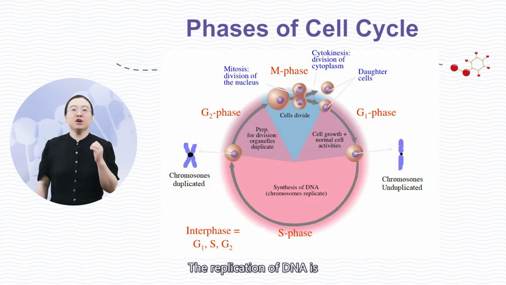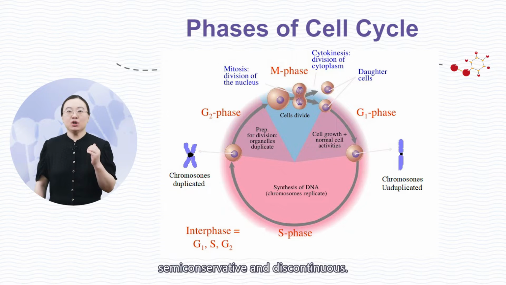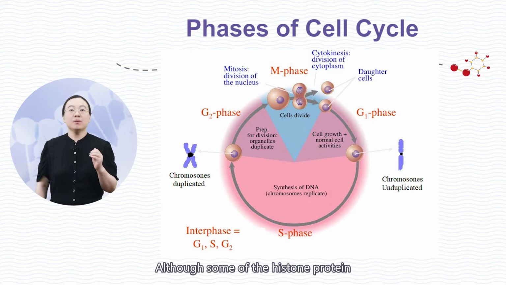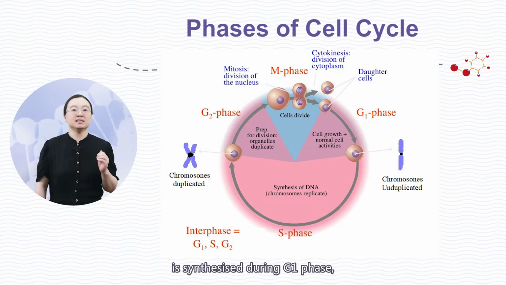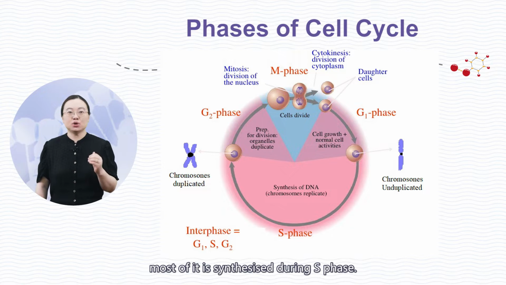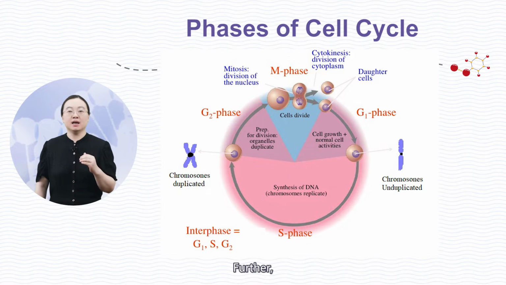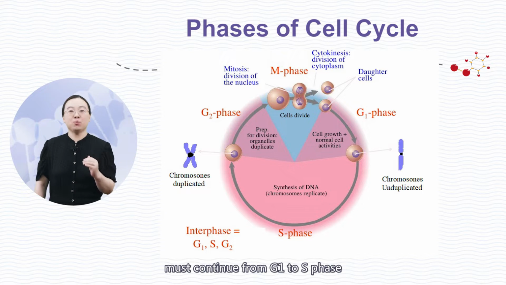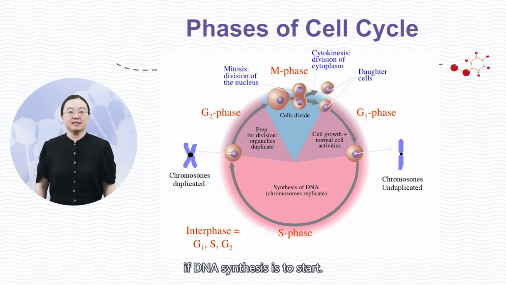The replication of DNA is semi-conservative and discontinuous. Although some of the histone protein is synthesized during G1 phase, most of it is synthesized during S phase. Further, synthesis of ribosomal RNA must continue from G1 to S phase if DNA synthesis is to start.